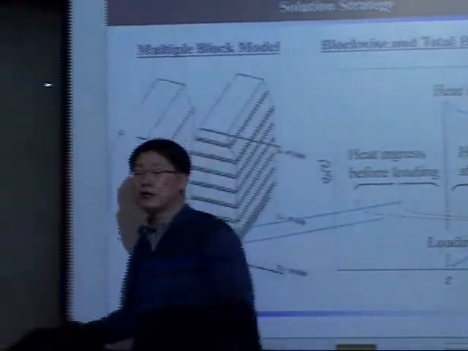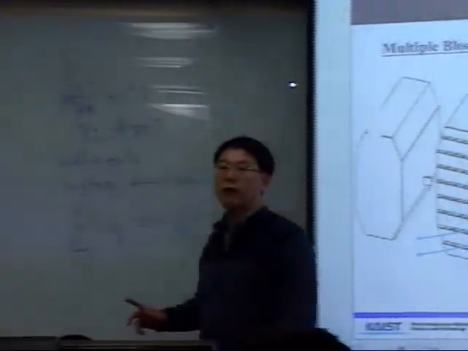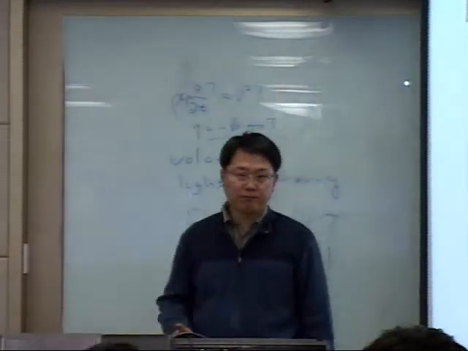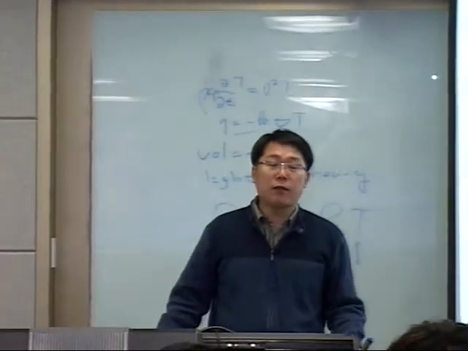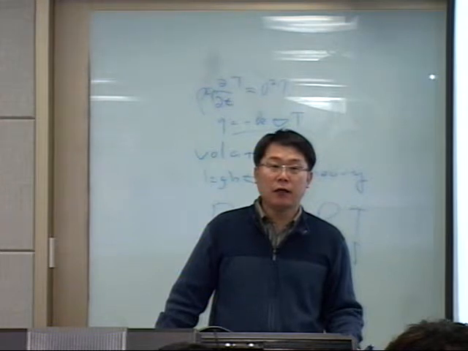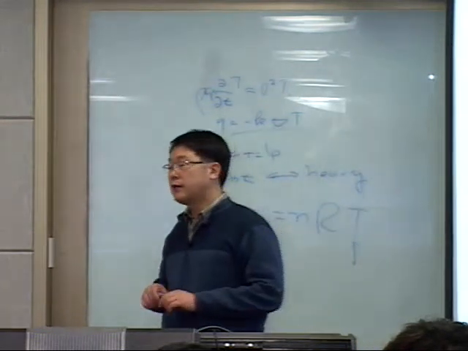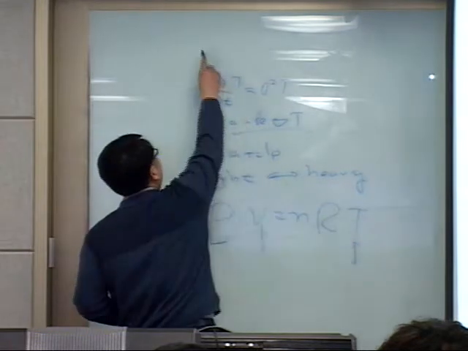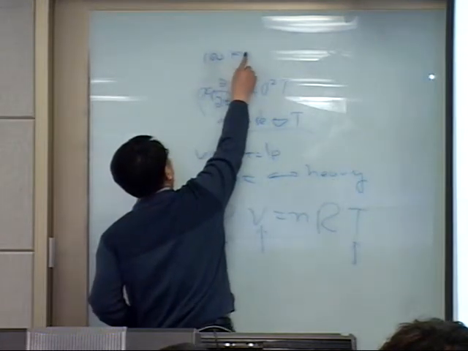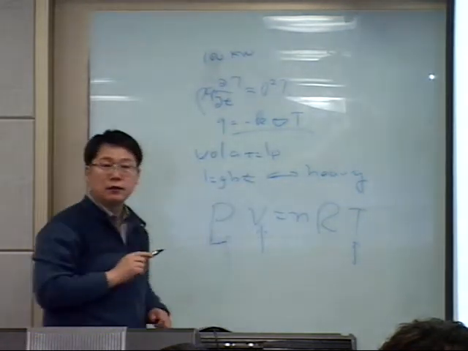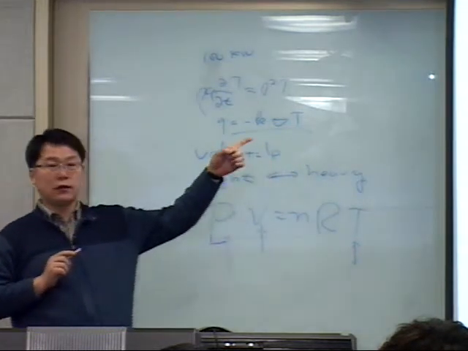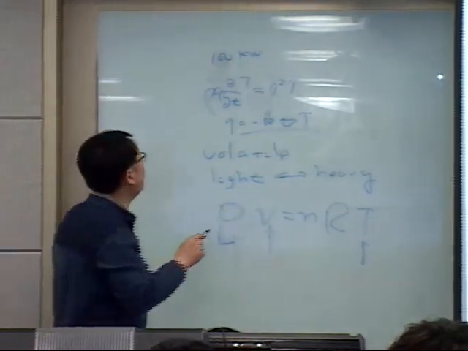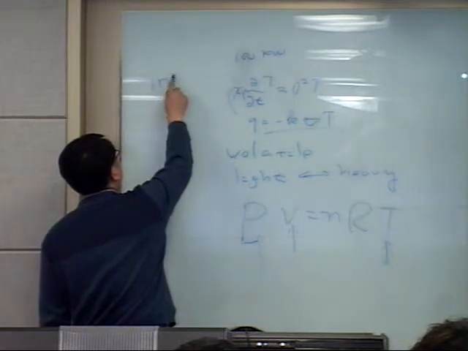Actually, the total heat ingress is greater than the normal heat ingress by 15%. In other words, in steady state, if we get 100 kilowatt from outside, just after loading, we may have 115 kilowatt.